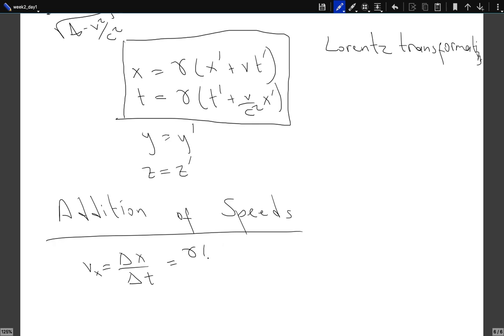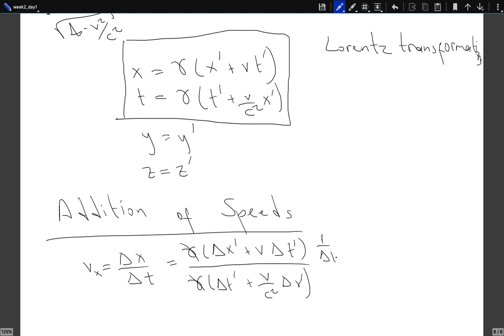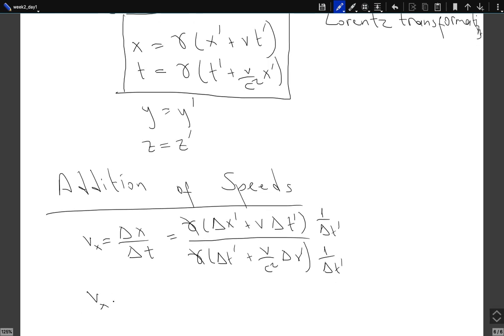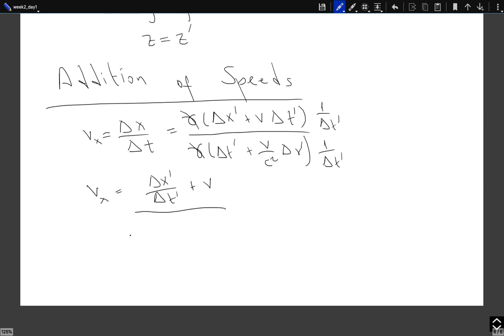So delta x will be gamma times (delta x prime plus v delta t prime), and delta t will be gamma times (delta t prime plus v over c squared times delta x prime). The gamma factors cancel. I can divide the numerator and denominator by delta t prime, which gives Vx equal to (delta x prime over delta t prime plus v) divided by (1 plus v over c squared times delta x prime over delta t prime).